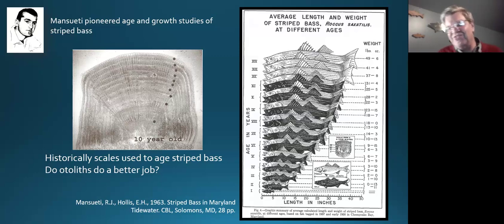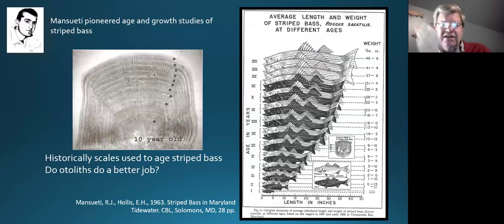Each one of those images is individually drawn. It's just really great, the attention to detail. And it's a very nice demonstration for the layperson about how striped bass grow. The darker ones are males, the lighter ones are females. They used to use these nice Roman numerals for ages back then. This goes up to 14. That's our largest, biggest fish.